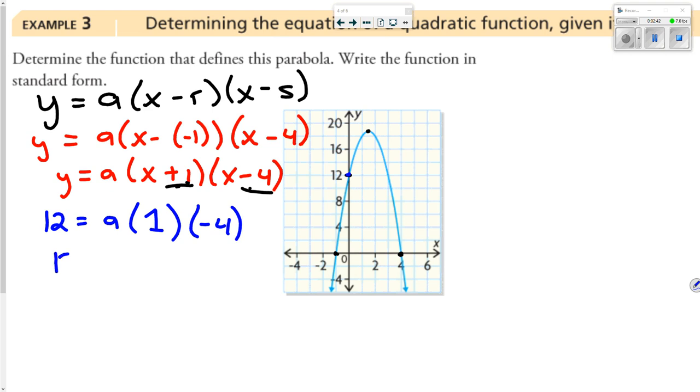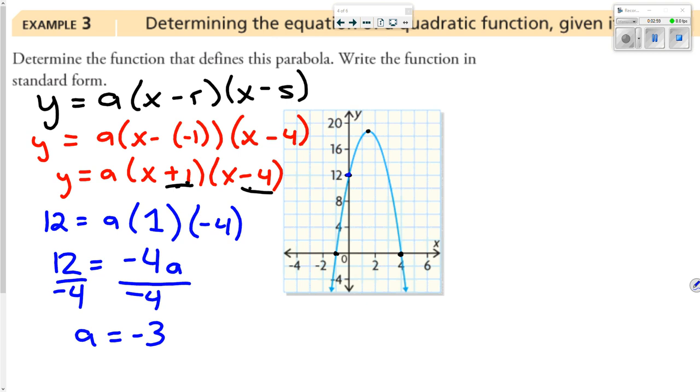So we have 12 is equal to -4a. Divide both sides by -4. a is equal to -3.